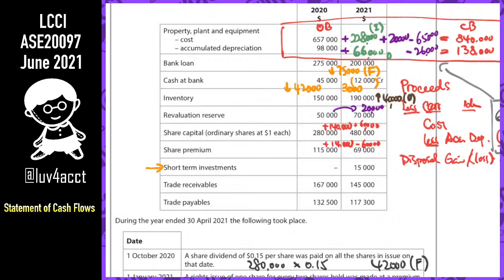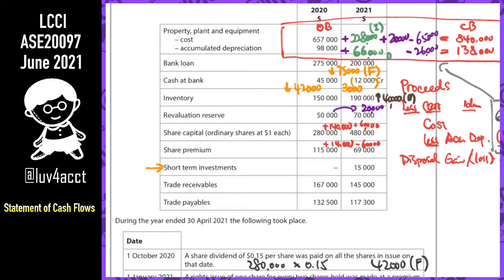Share capital, let us see whether the movement is done. 280 plus 140 plus 60, yes. Okay, 480. Share premium 115 plus 14 from the issue minus 60 because of the bonus issue, 69,000. Yes, finished. Short-term investment finished.